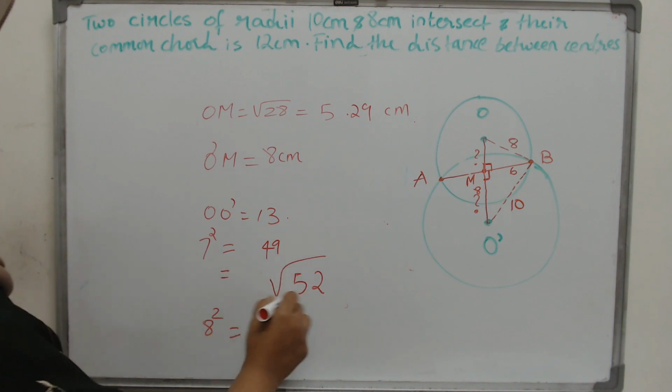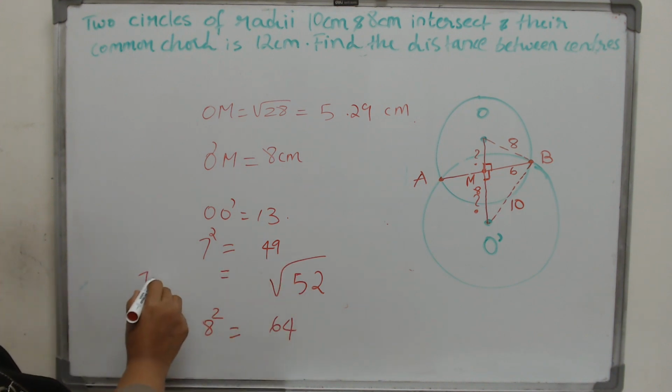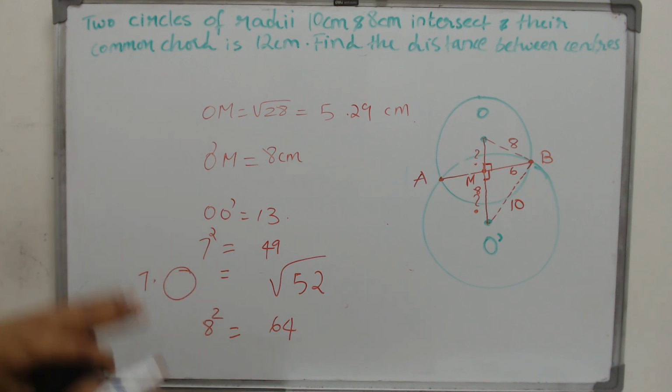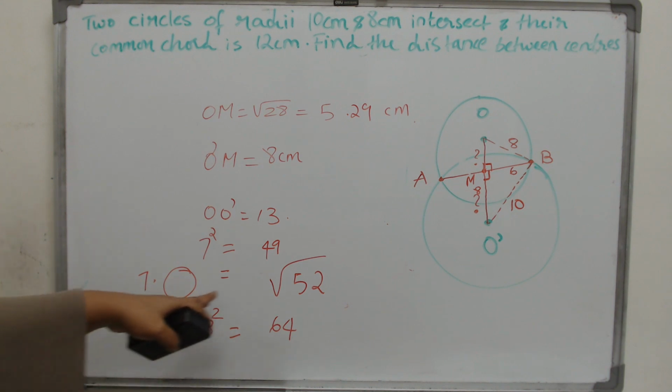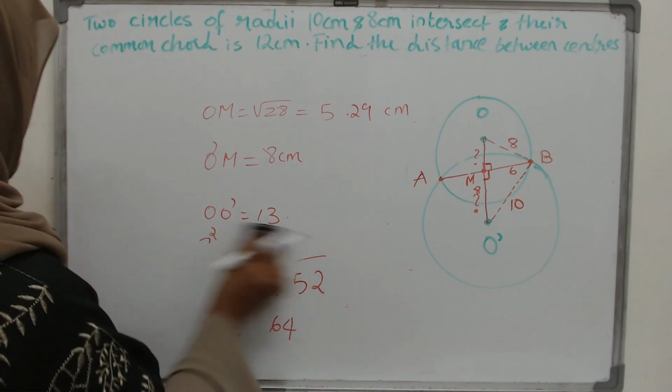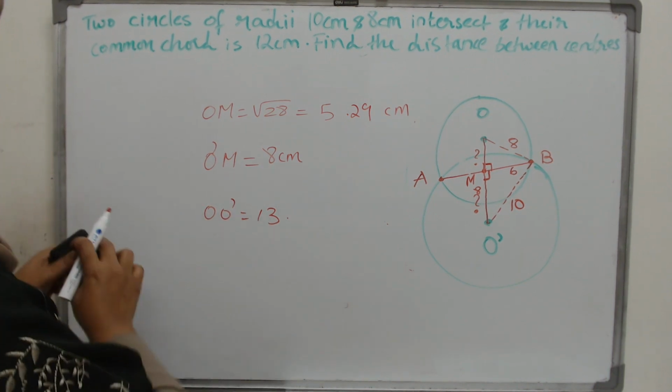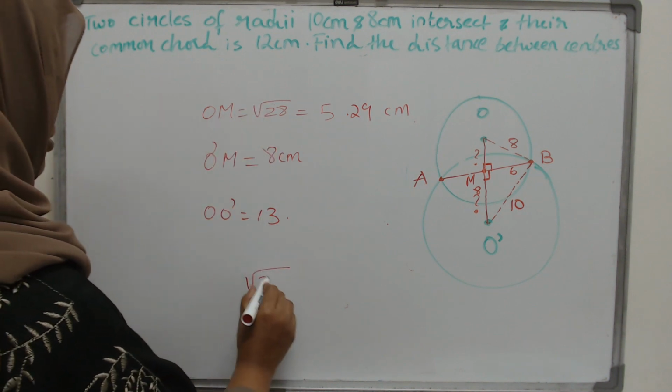So the square root of this will be 7 point something. That will be its square root. Without calculating, without going into details, it will be 7 point something. Similarly, you can find that here also. It is square root of 28.